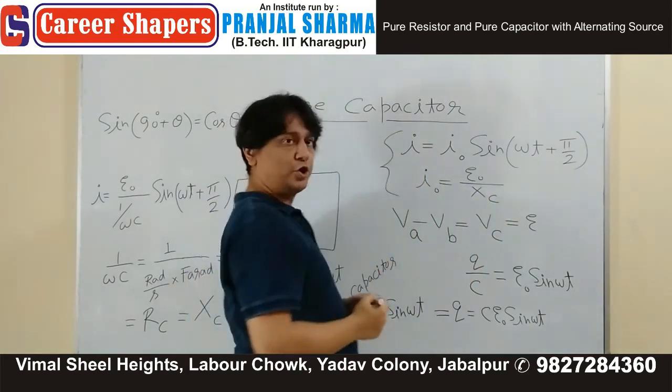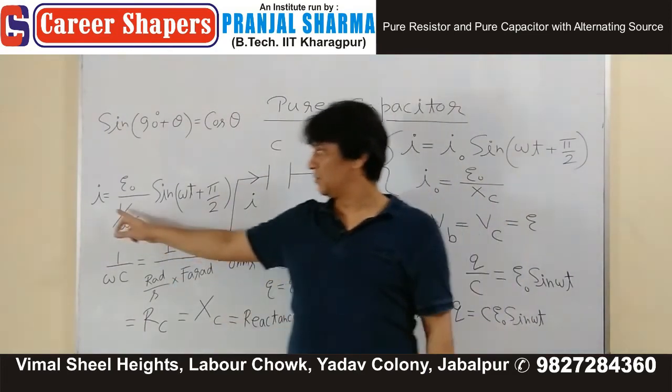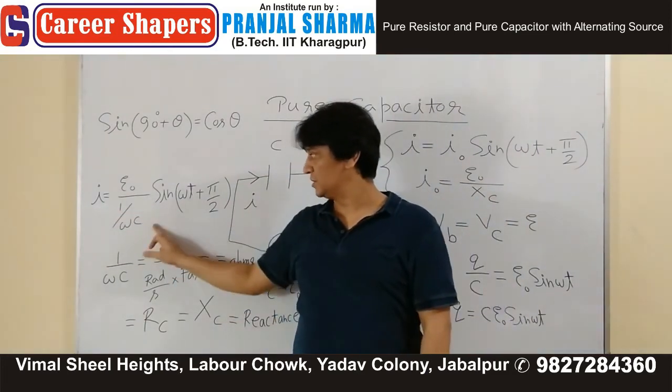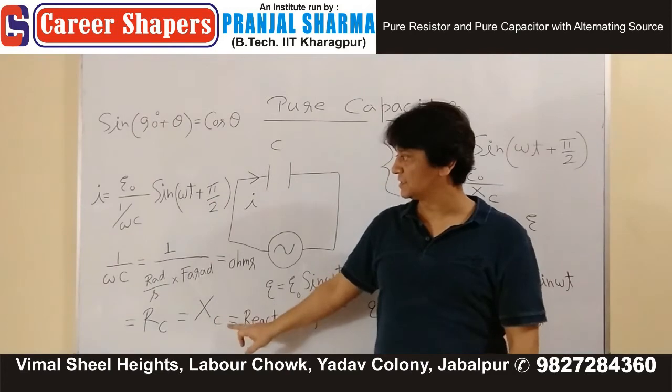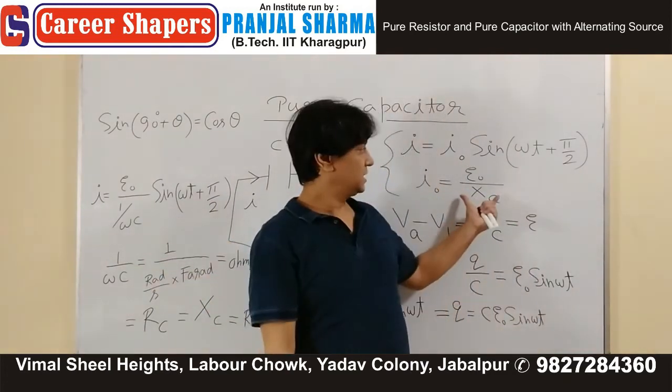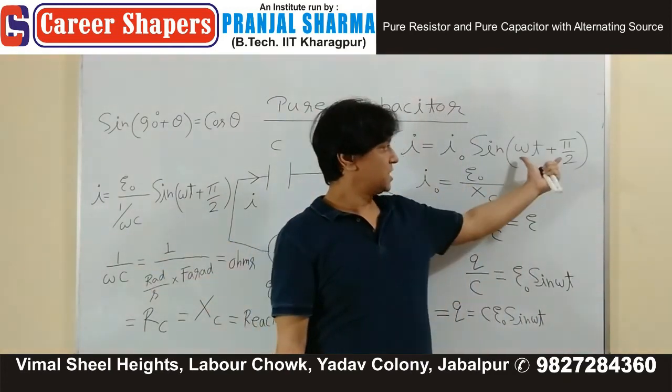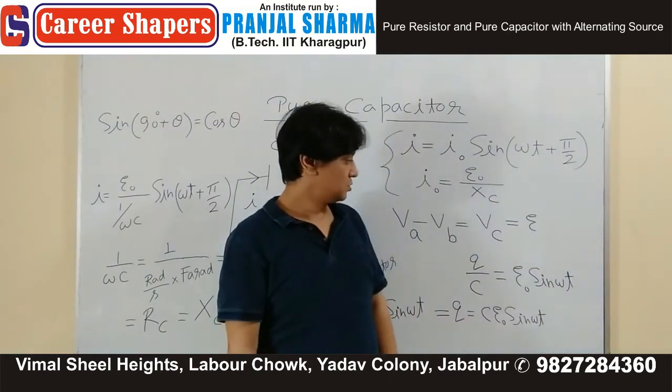That's how, in short, you will remember this. What is I naught? E naught divided by this. This thing has a name, which is xc, and this is sin omega t plus pi by 2.